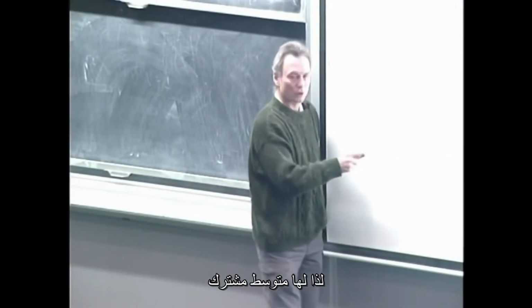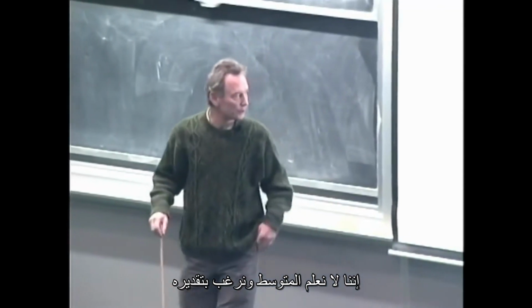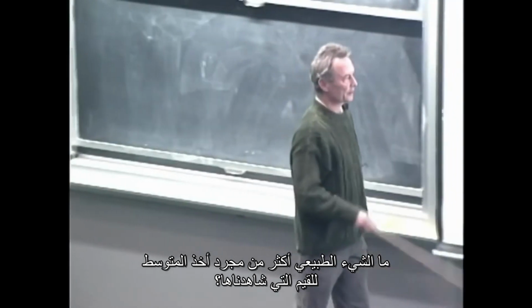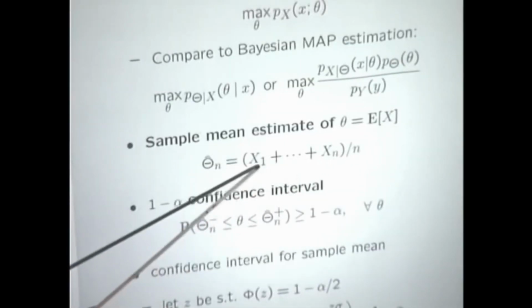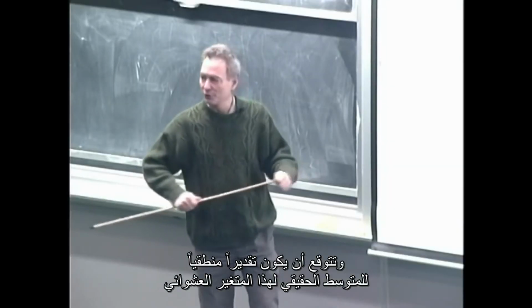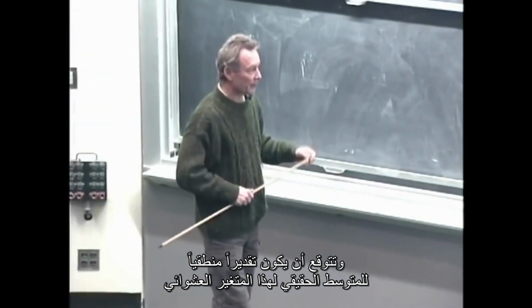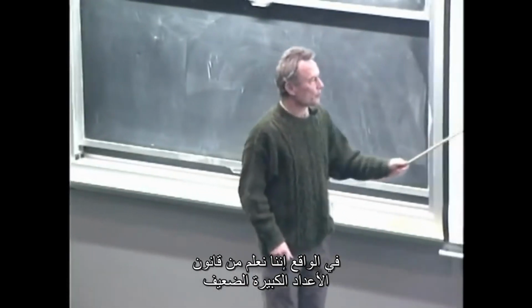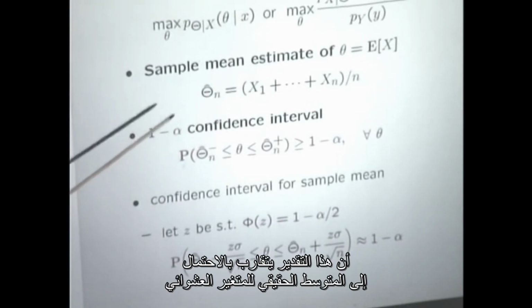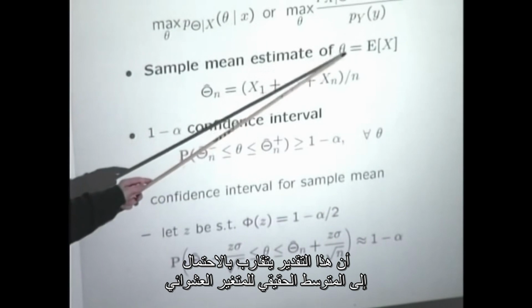So they have a common mean. We do not know the mean. We want to estimate it. What is more natural than just taking the average of the values that we have observed? So you generate lots of x's, take the average of them, and you expect that this is going to be a reasonable estimate of the true mean of that random variable. And indeed, we know from the weak law of large numbers that this estimate converges in probability to the true mean of the random variable.